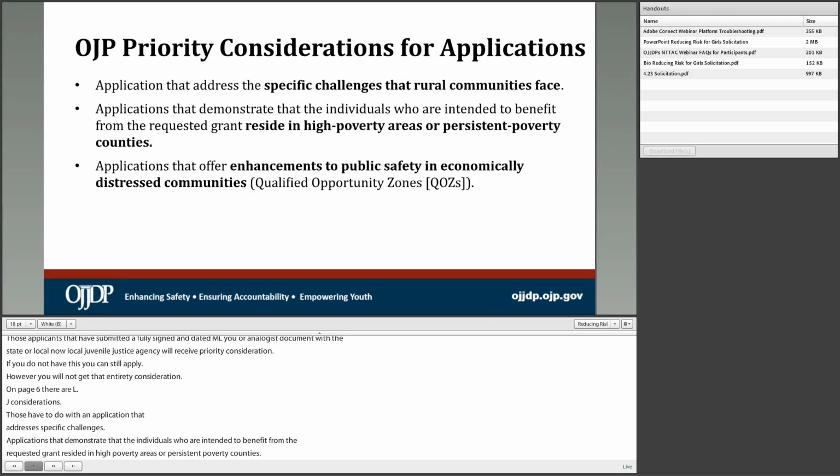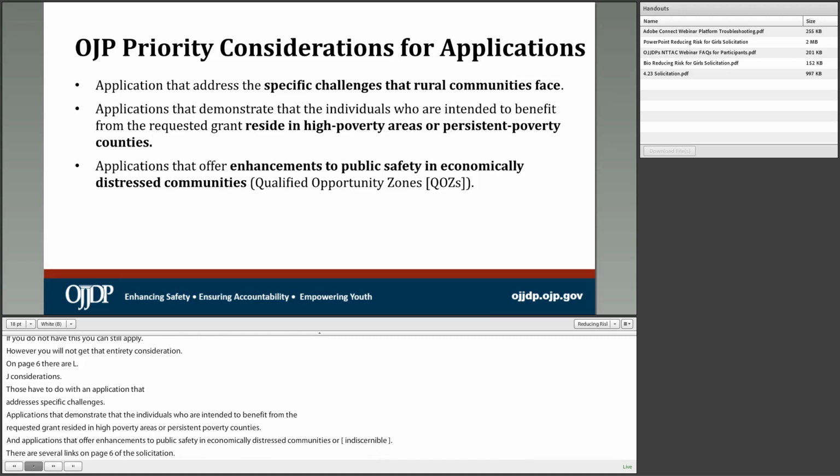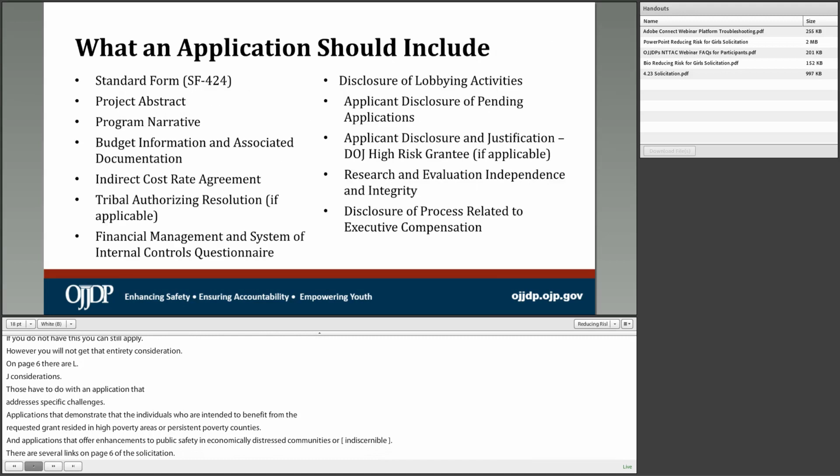There are several links on page 6 of the solicitation where you can find more information on these OJP priority considerations.